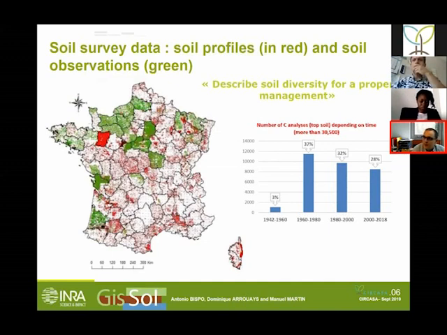But as you can see, more or less 70% of the data are from before the year 2000. So you have different kinds of information across France, meaning areas that are very dense, areas where you have quite new information, and also quite old information.